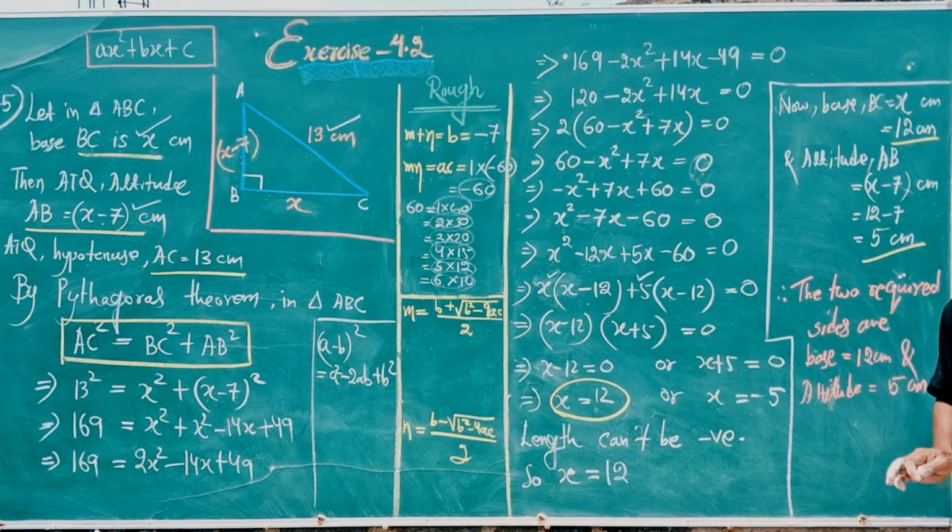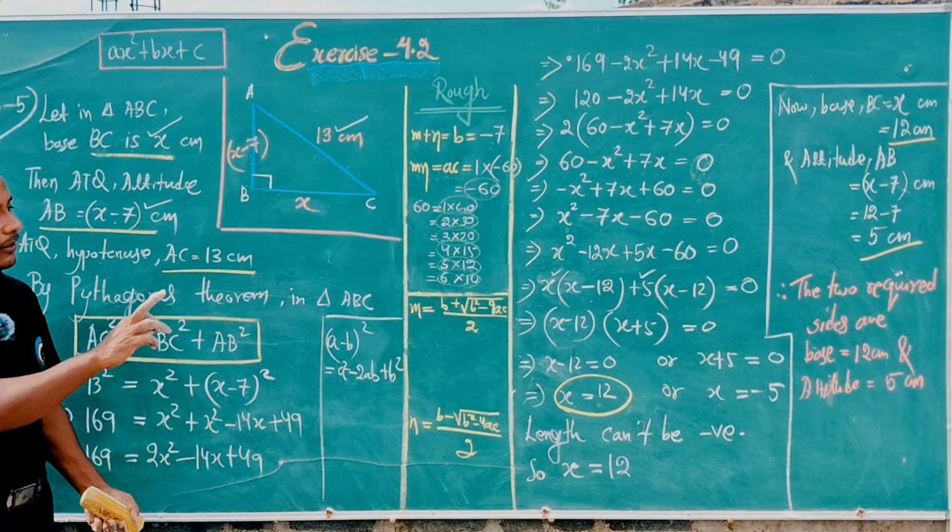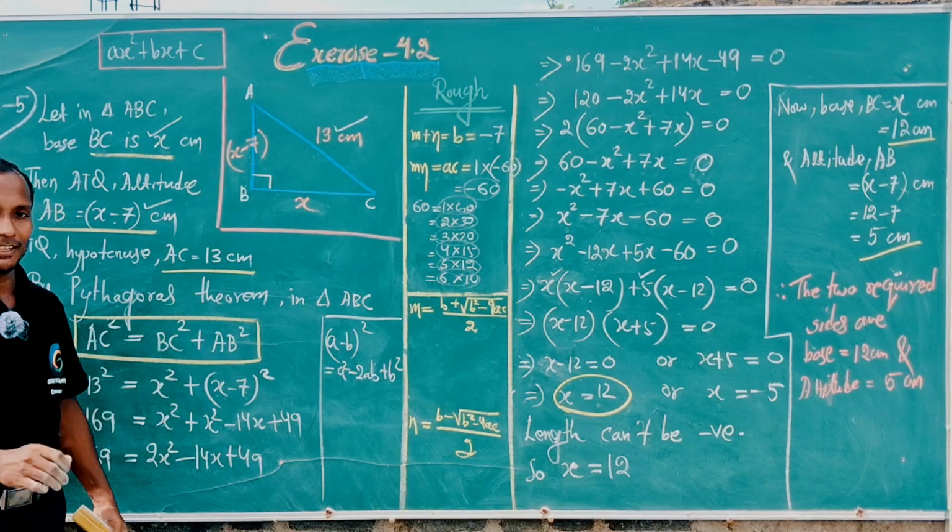This ends your answer part. We found the other two sides, meaning base and altitude of this right angle triangle.